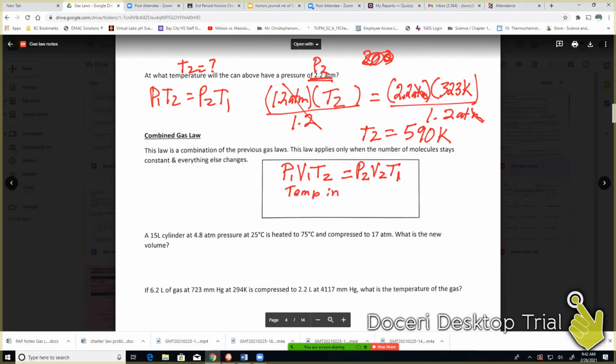Temperature in Kelvin, units the same. If you want to take a second and put that formula down on the bottom of your peak sheet, this might be a good time to do that. The only difference with this one is that whenever we solve, we're going to be dividing by two things instead of just one.